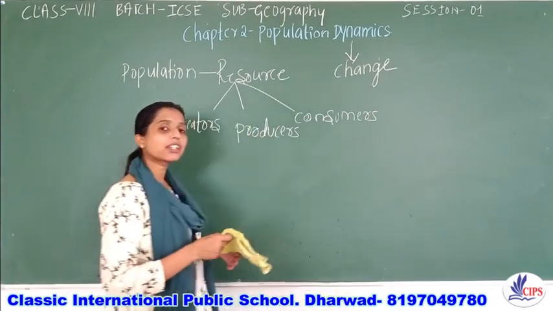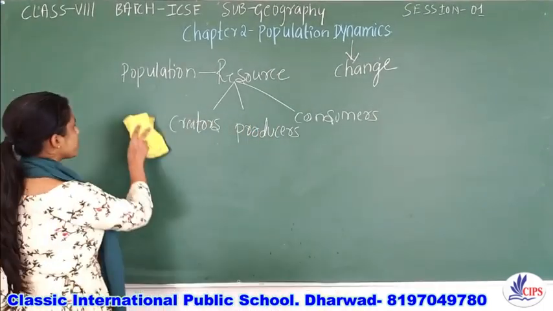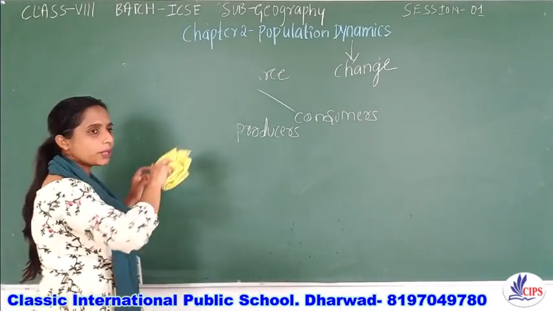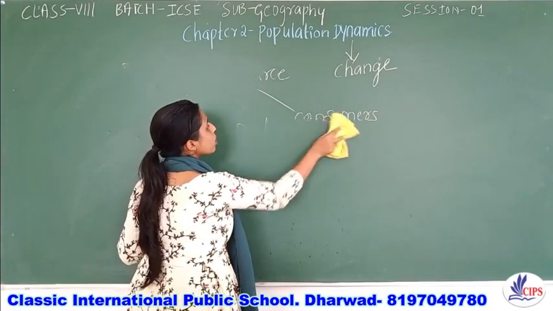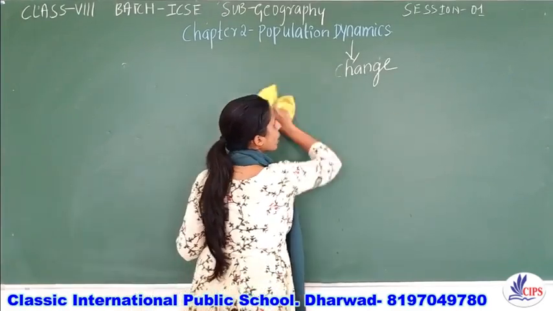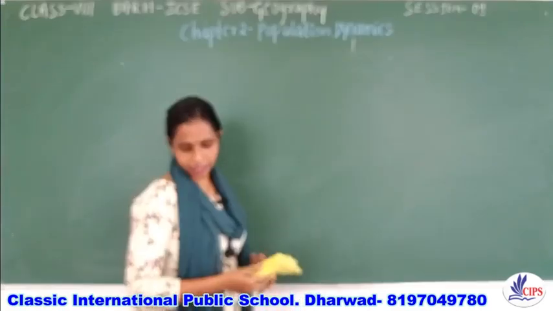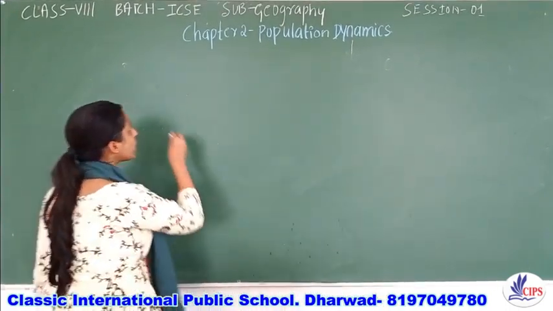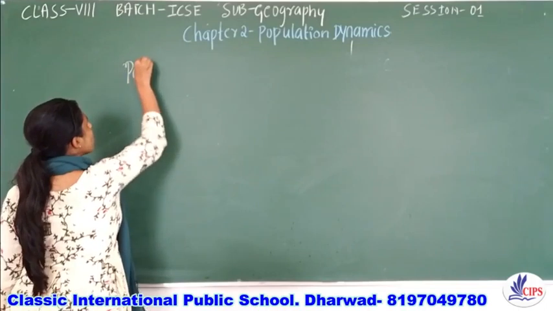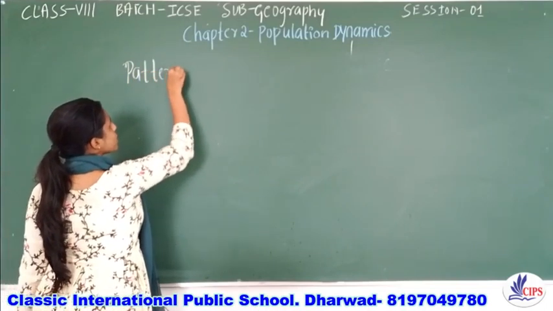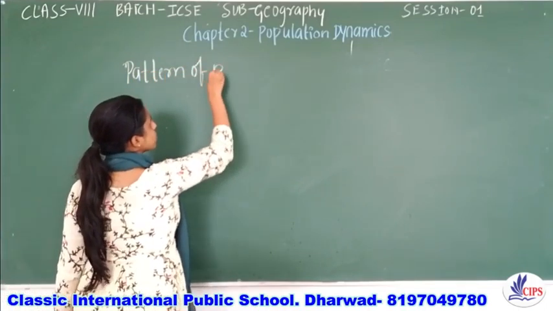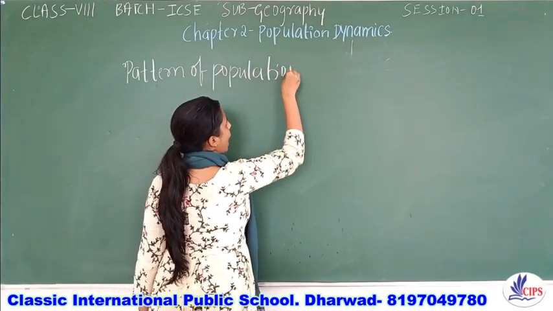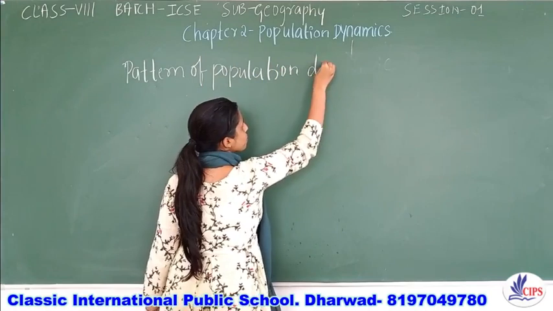What is this pattern of population distribution? This is nothing but the way the people are spread across any country or on the surface of the earth. We call it the pattern of population distribution. What do we mean by pattern of population distribution?